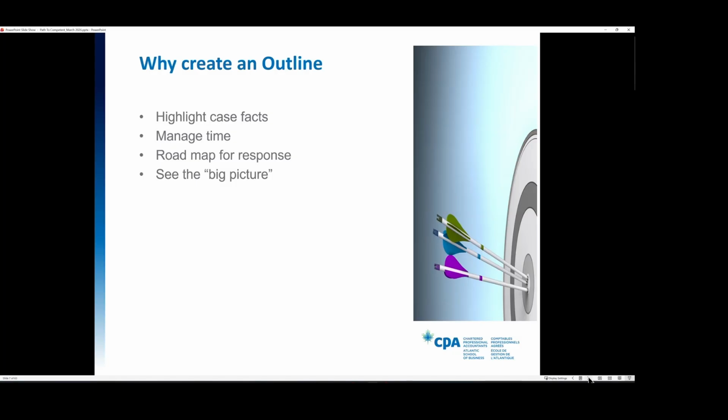Because what that allows you to do is highlight the key case facts. If you have the relevant information already in your outline and it's in Word, you can quickly turn it into your response. Well, that helps you effectively manage your time. It becomes the roadmap for your response.